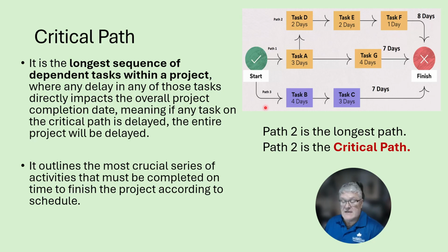Notice path 3, task B has 4 days, task C has 3 days. Path 2 is the longest path. Therefore, path 2 is the critical path: A to D to E to F, and then finish.